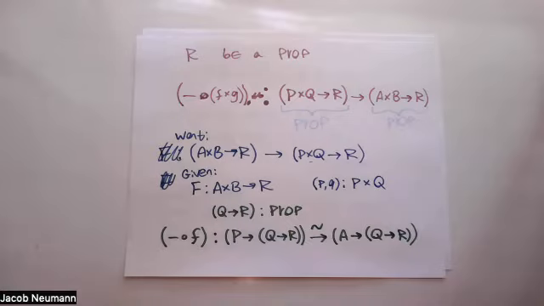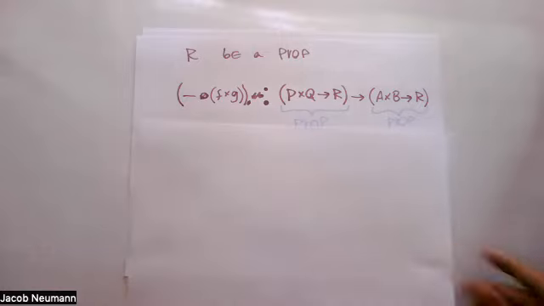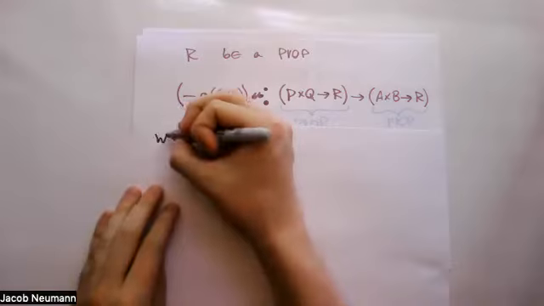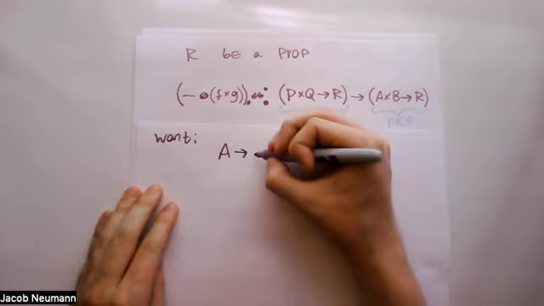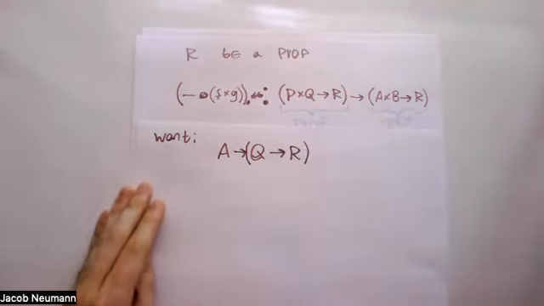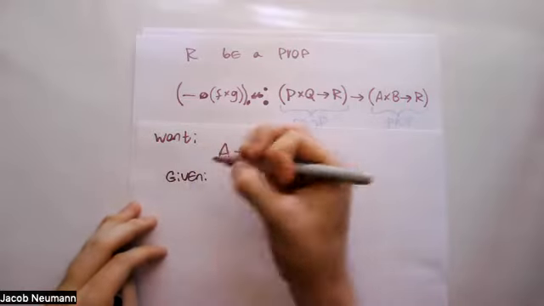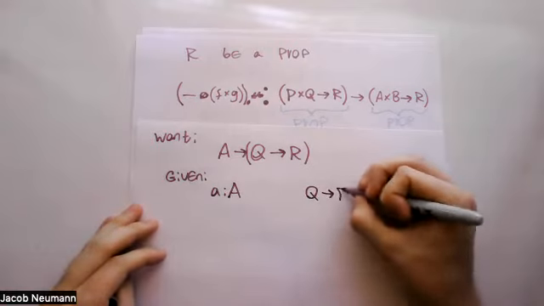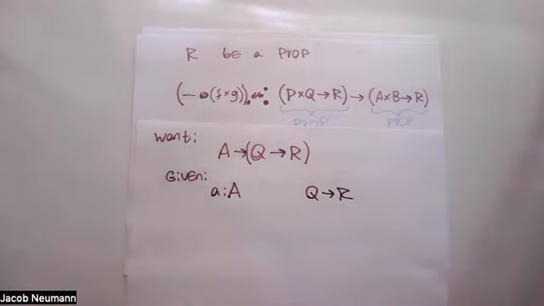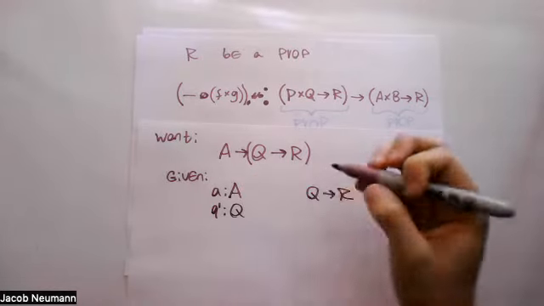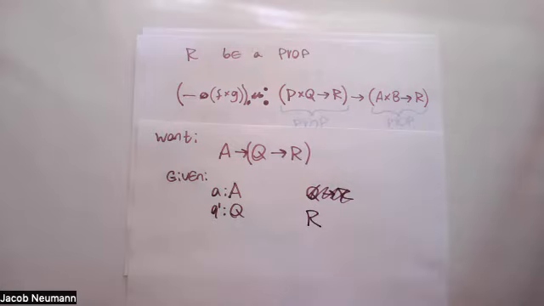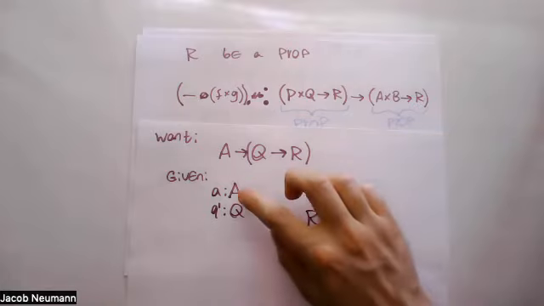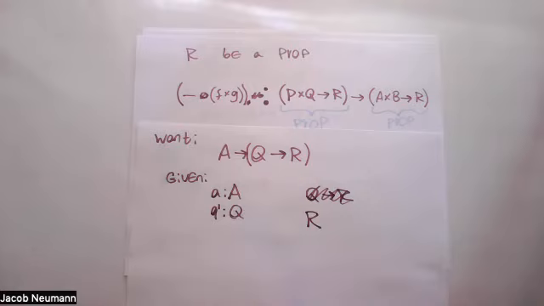We want a map of type A arrow Q arrow R. So now we can assume that we're given an A in type A, and now we just need to produce a Q arrow R. Let's also assume a Q prime of type Q. So now we don't need a Q arrow R, we still just need to produce an R. It might seem like we're going in circles, but we've done something important here in that we've introduced this A into our context.